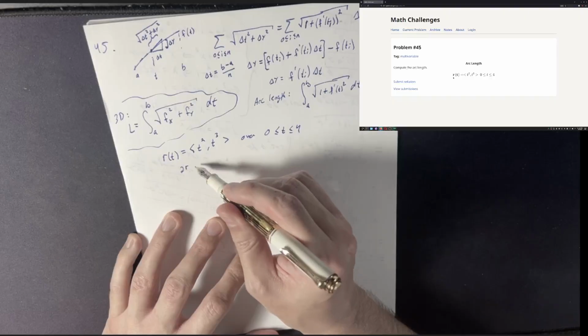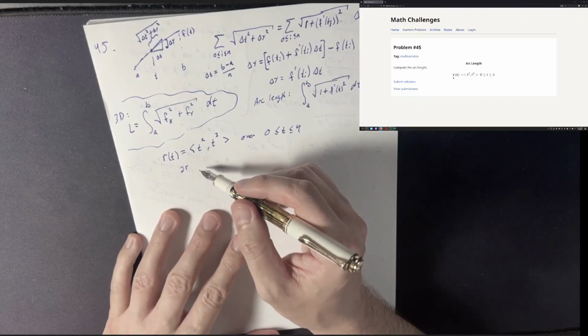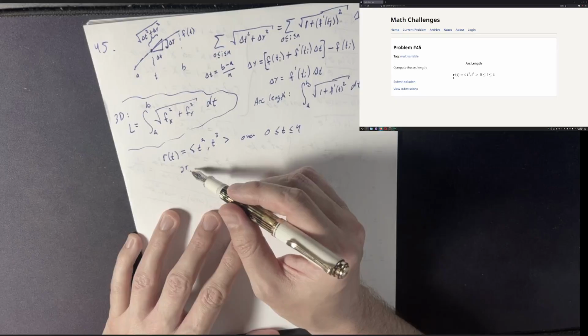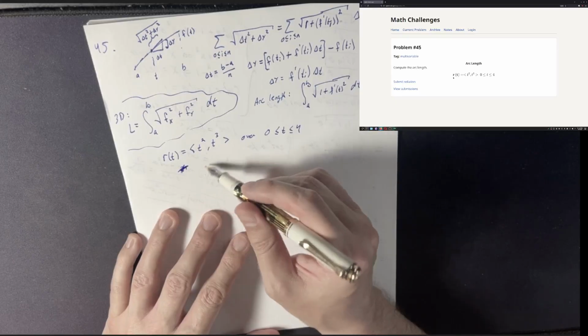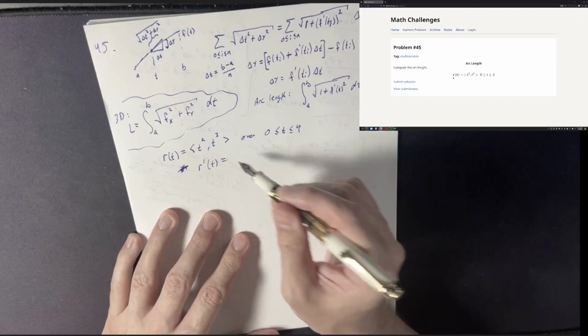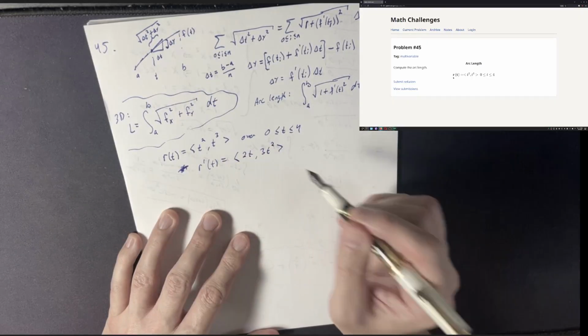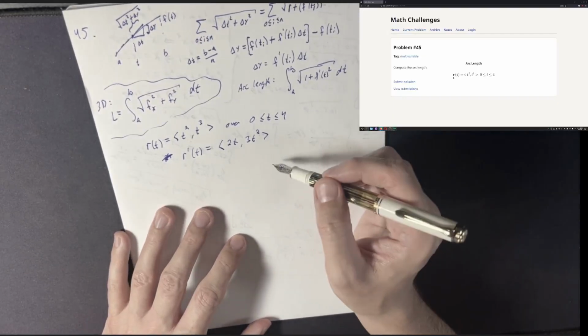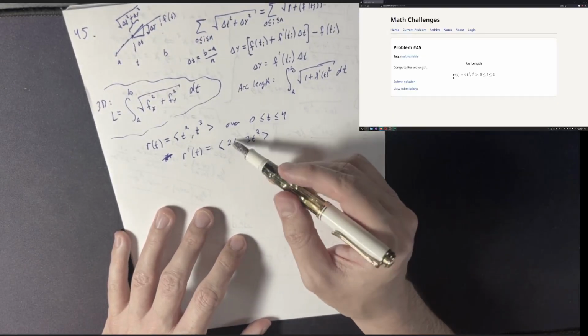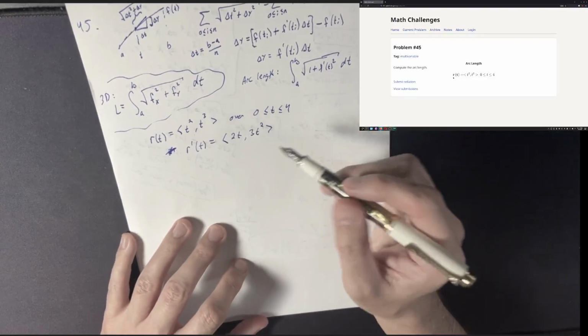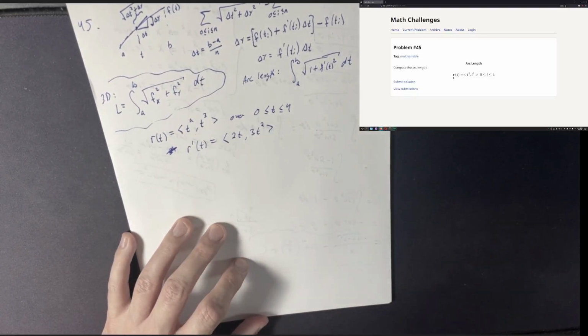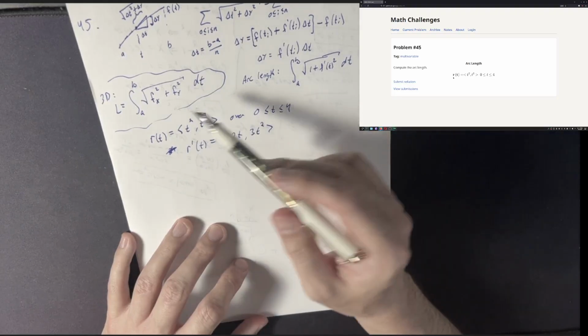Well, here, let's just do it this way. r prime is 2t, 3t squared, like that. And these are the derivatives I'm going to be using in our formula.